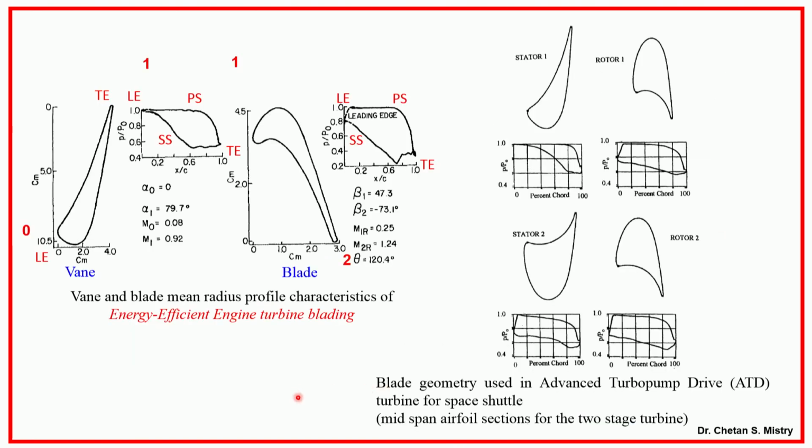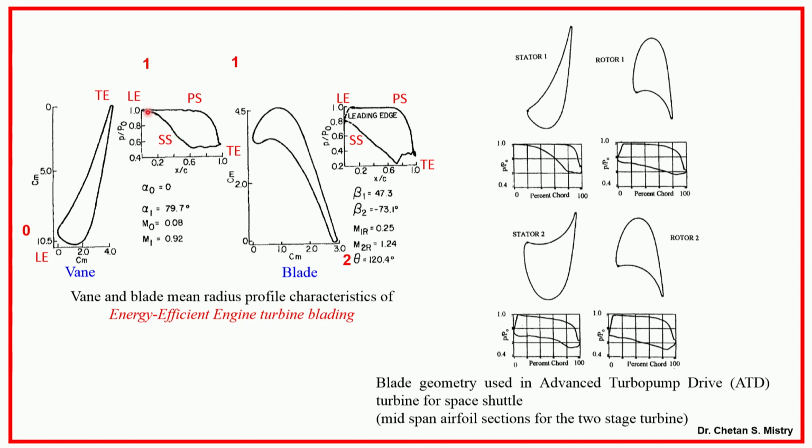Now, if you look here, these are also turbine aerofoils, just try to understand. Okay. This is, say, for the E3 engine; this is for the nozzle or vane, and this profile is for the blade. Okay. If you look here, it has a different kind of leading edge shape, and that gives me my variation of pressure on the pressure surface as well as on the suction surface.